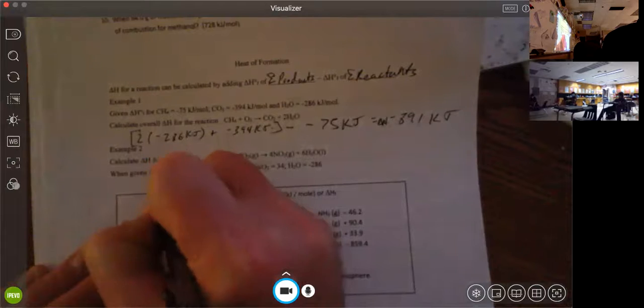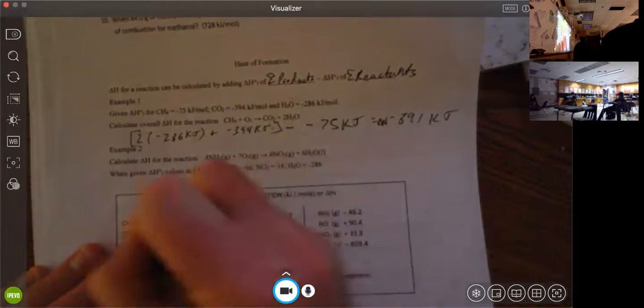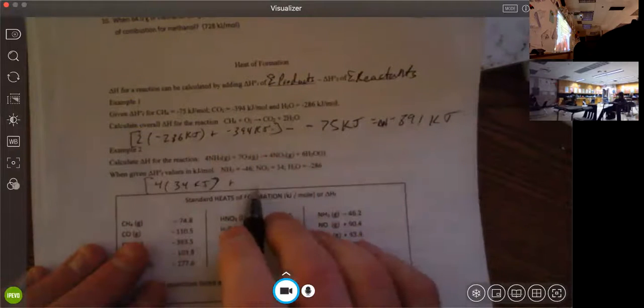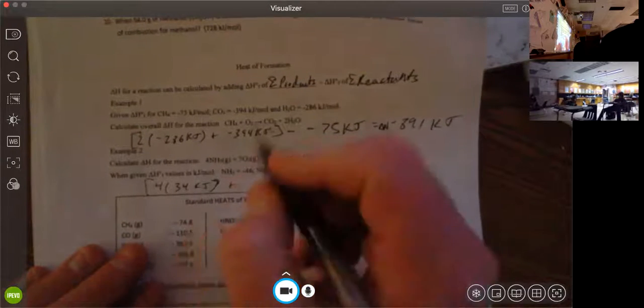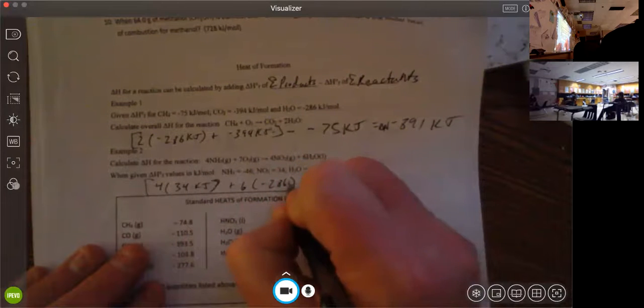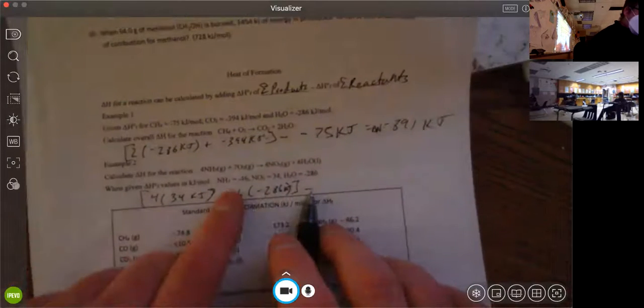We have NO2, we have 4 of those. H2O, we have 6 of these. We're going to subtract then the reactants.